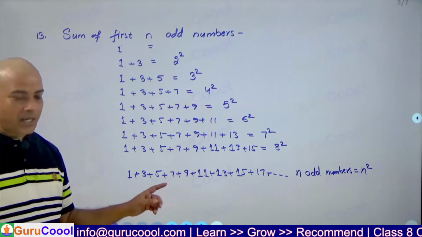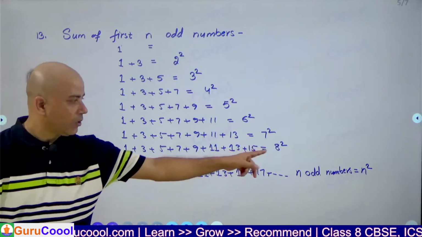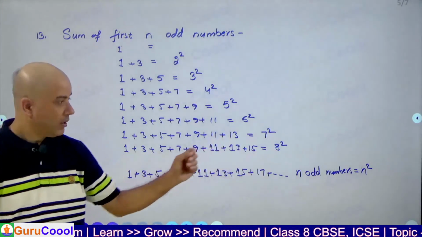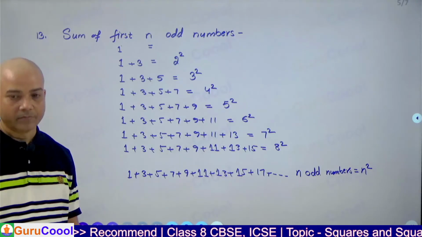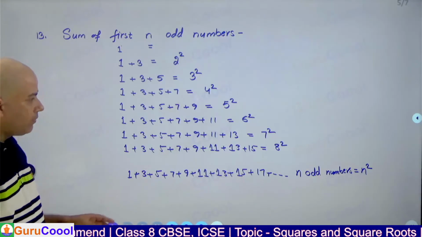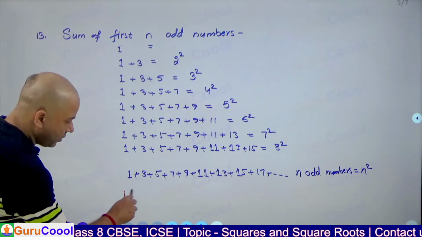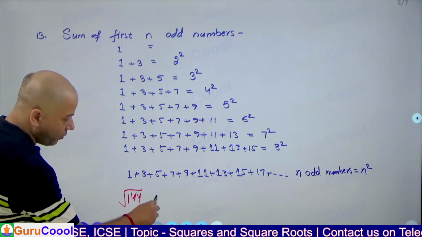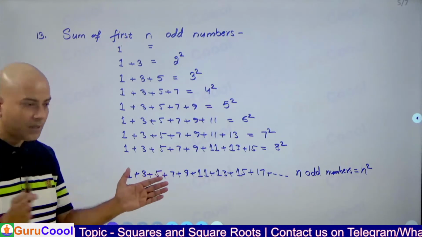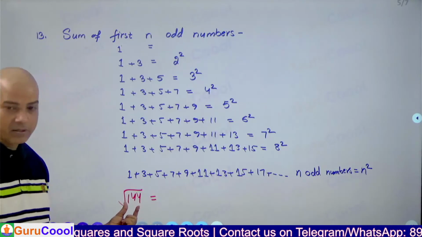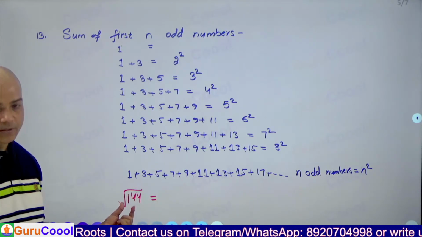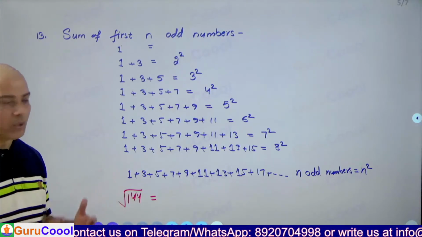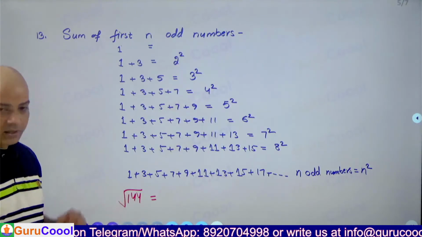We understand that the sum of odd numbers is always a square number. That's why our trick was working. So when we want to find the square root of 144, we want to know how many odd numbers will add up to create 144. How many odd numbers? 12 odd numbers add up to create 144.